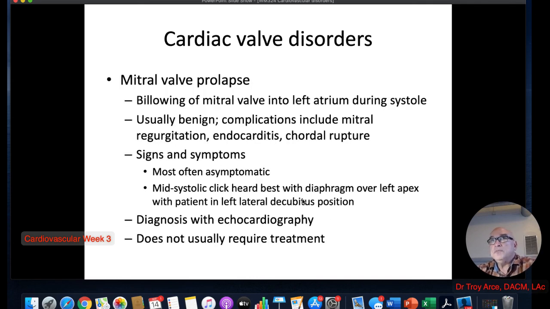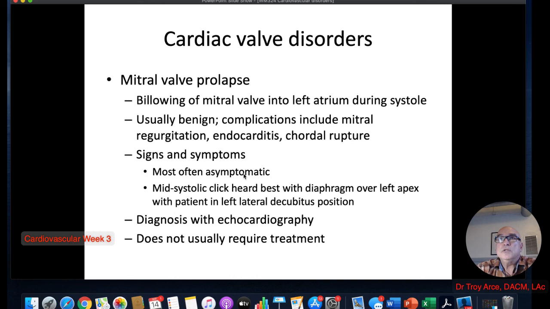Mitral valve prolapse, what side's that on? So the billowing of mitral valve into the left atrium during systole. So I just told you which side it was on. Usually benign, and complications include mitral regurgitation, endocarditis, chordal rupture.